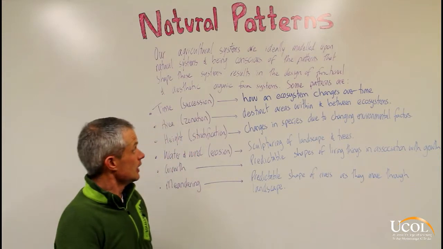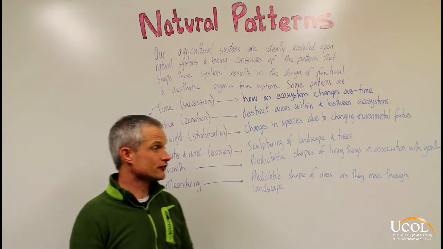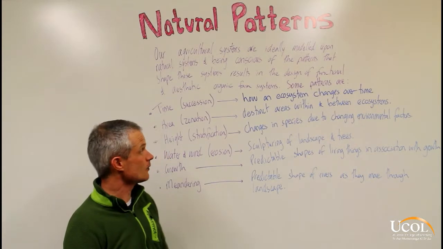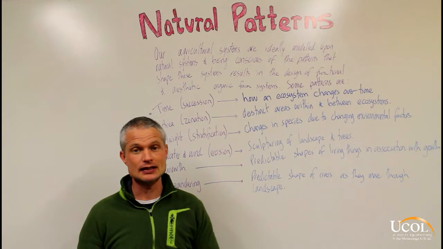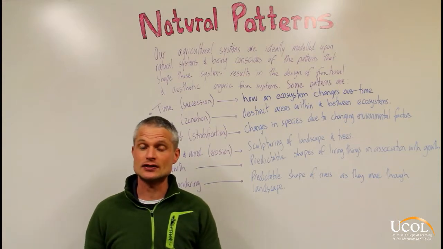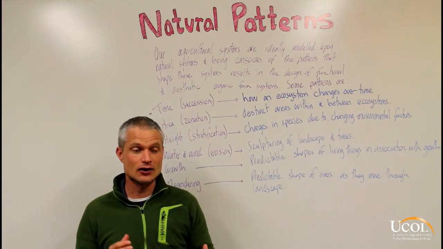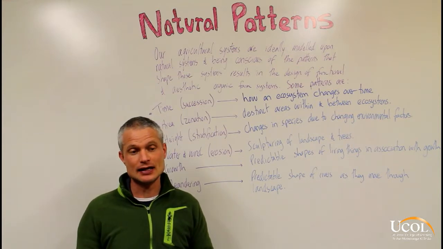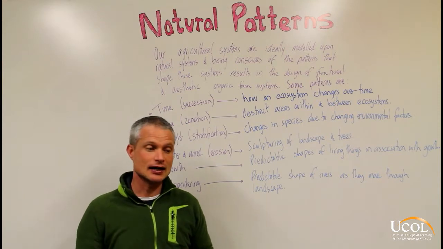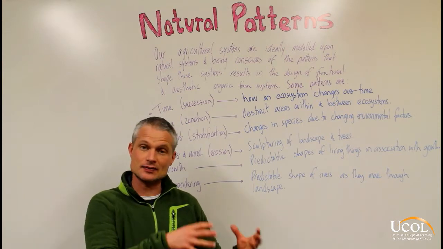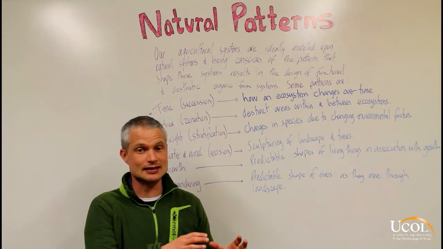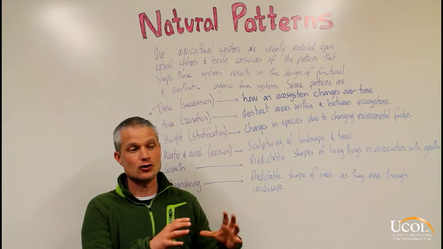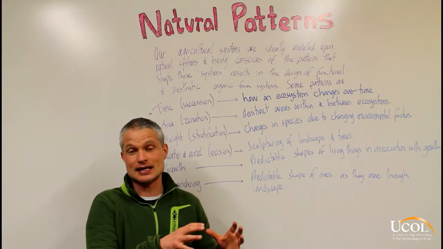Some of the different patterns or forces that commonly shape a landscape, one is time. Any ecosystem changes over time. It's in a dynamic state of different communities of plants and animals succeeding each other, as it develops in maturity and stability, it tends to stabilize as an old growth forest or some other type of stable ecosystem.